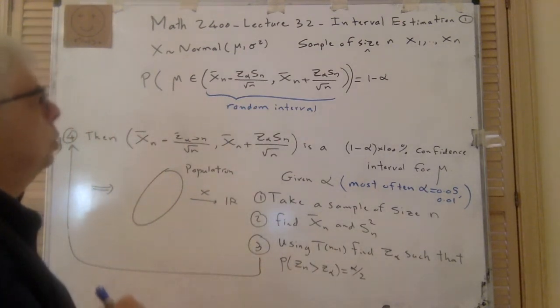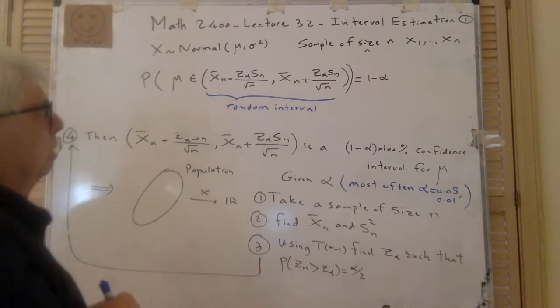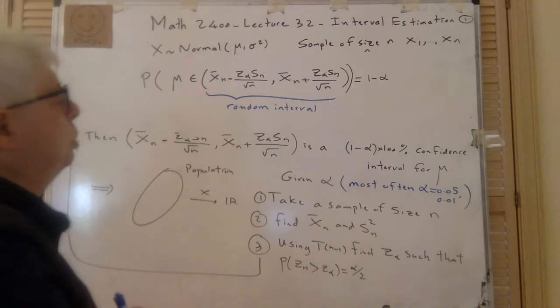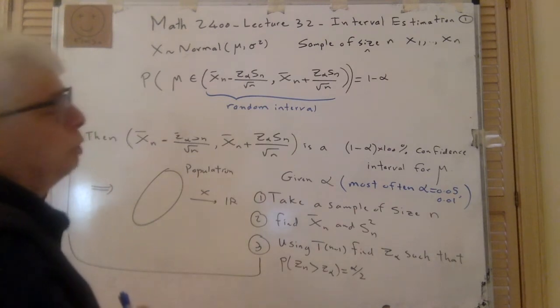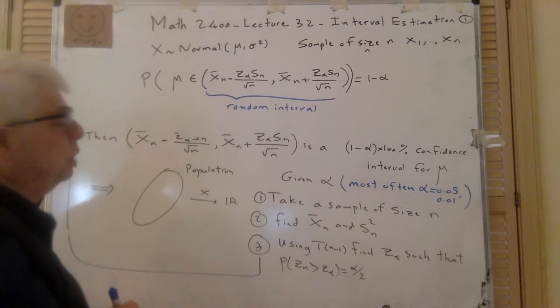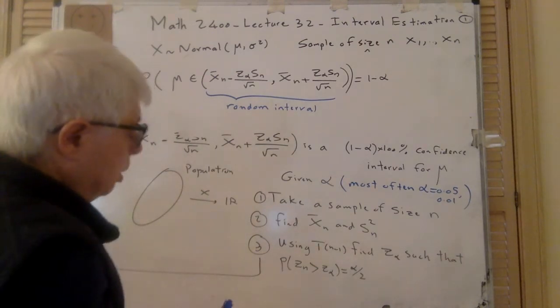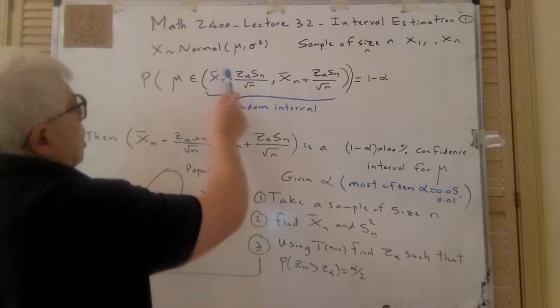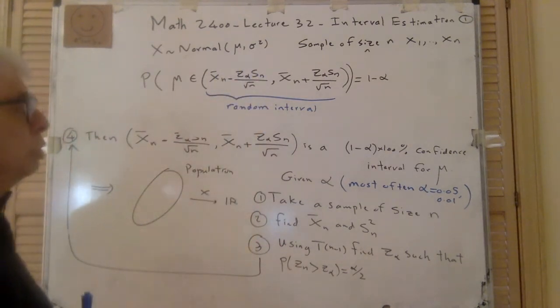It means that the two endpoints are random. In fact, when the two endpoints are random, they determine other points between them. But anyway, the two endpoints are random, and you can see why they are random. Remember, x bar n and Sn are random variables, and we found distributions for them.